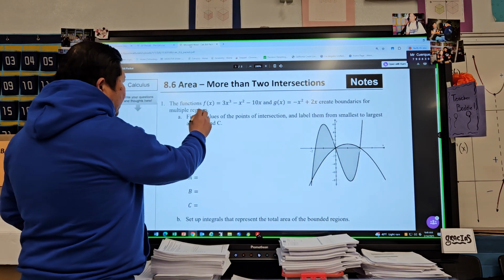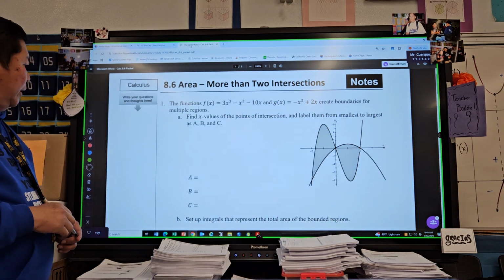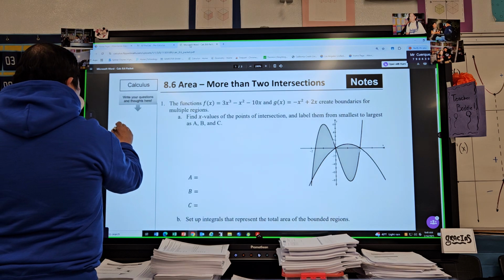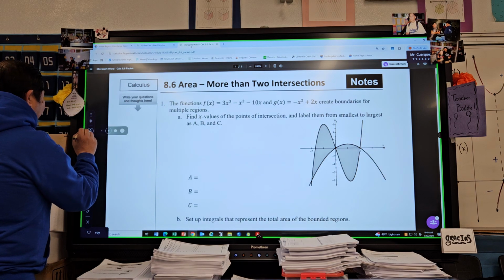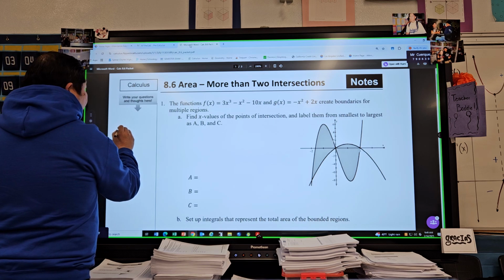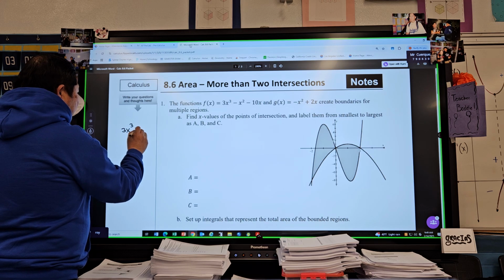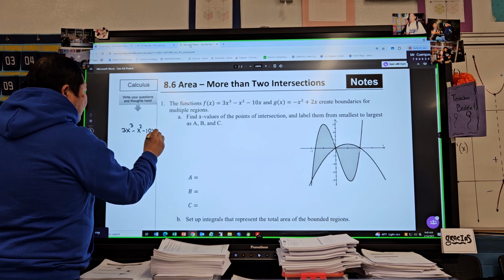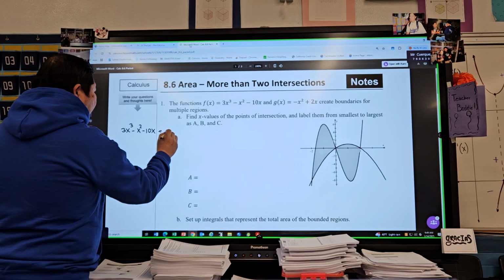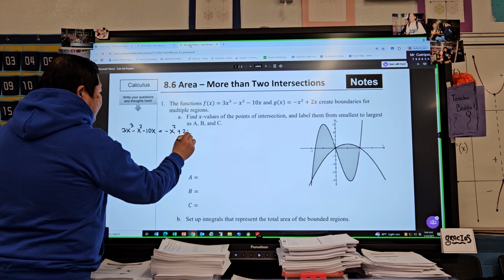So we are equating. This is a cubic function and the other one is a parabola. So we're gonna have 3x cubed minus x squared minus 10x is equal to negative x squared plus 2x.